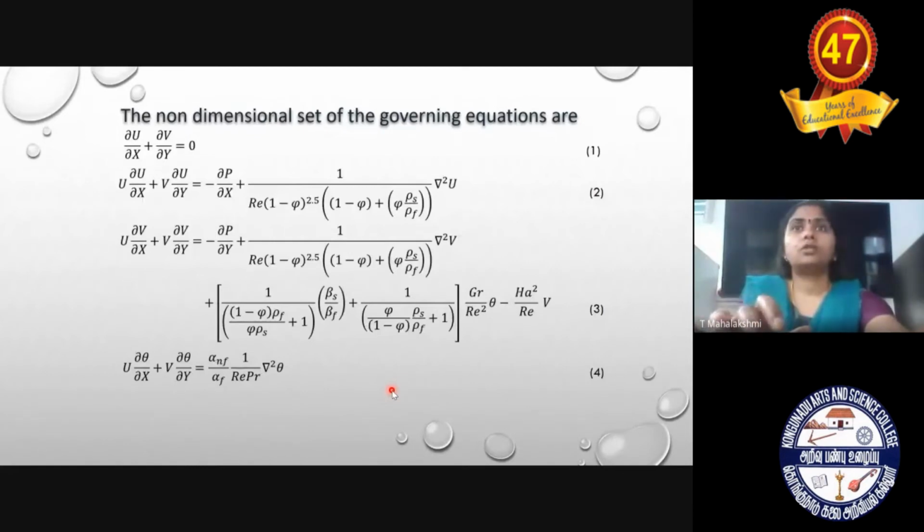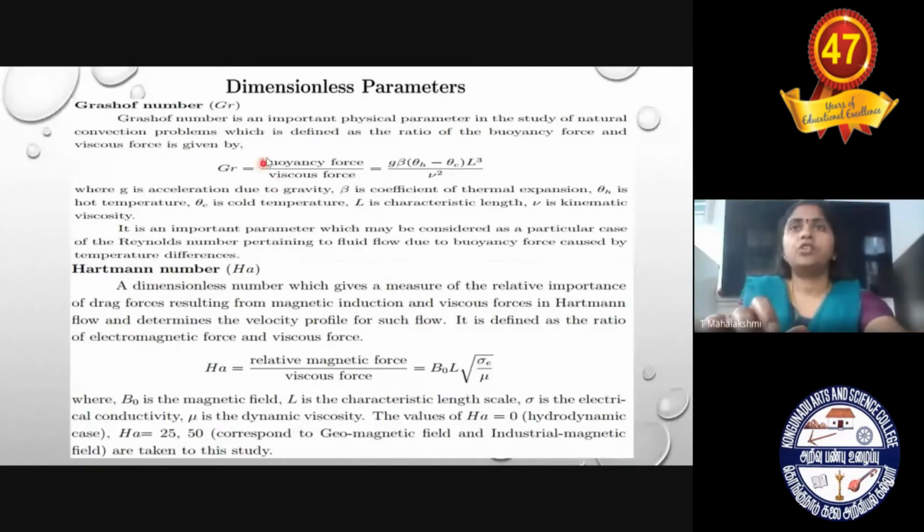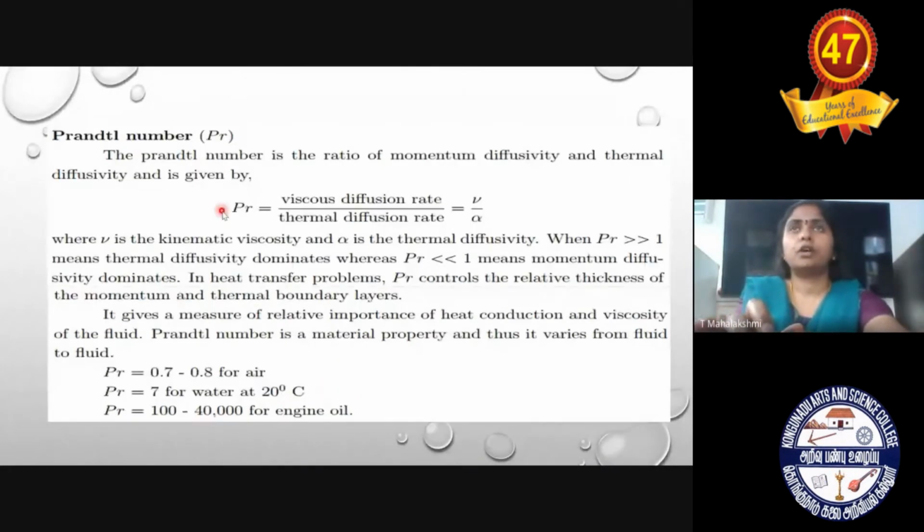As we see the dimensionless parameters in the above equations, the Grashof number is the ratio of the buoyancy force and viscous force, and the Hartmann number is the ratio of the magnetic force and the viscous force, and the Prandtl number represents the fluid we consider in the particular problem.